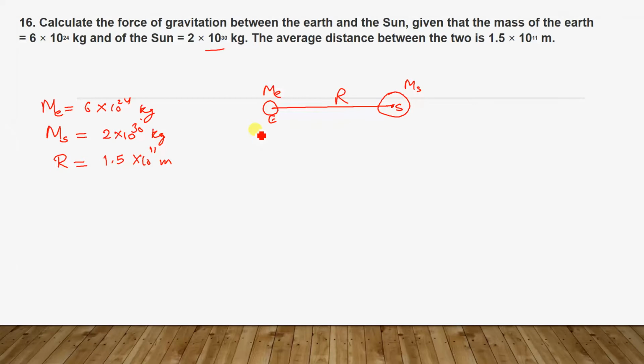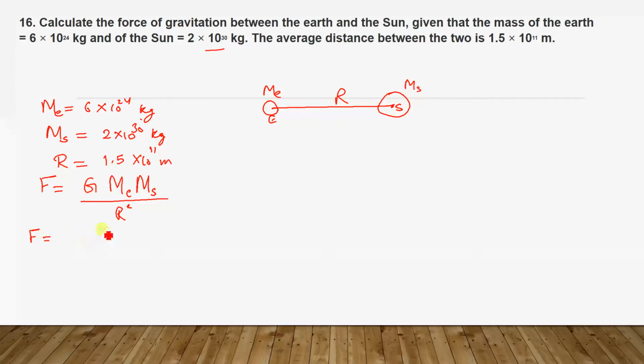So as per universal law of gravitation, what will be the gravitational force? Yes, the formula is F equals G mass of Earth, mass of Sun, G m1 m2 over R square. So beta, in this you have to just fill the values.